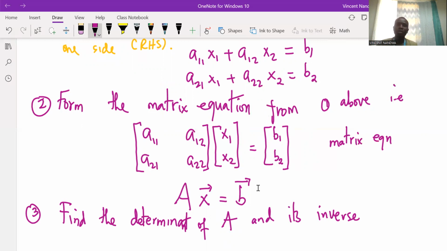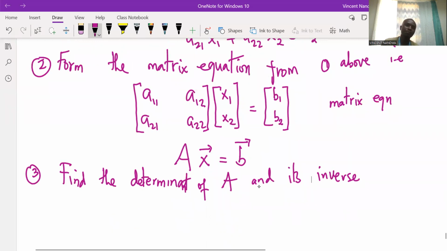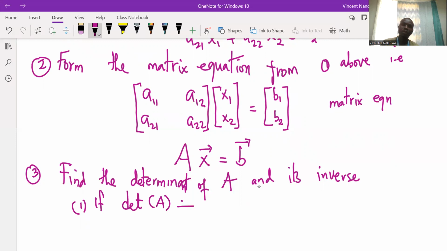And two things can happen. If the determinant of A is 0, this means that the matrix is singular. Then A has no inverse.